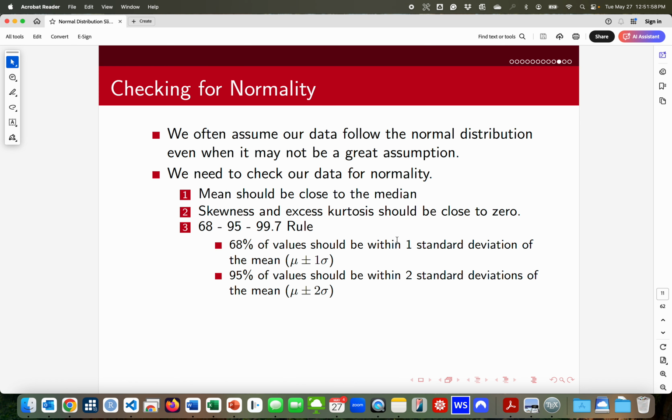The mean plus or minus 2 standard deviations should catch about 95% of the values, and the mean plus or minus 3 standard deviations should catch about 99.7% of values. So if we observe something more than 3 standard deviations away from the mean, that's a pretty rare event. It's unlikely to observe things that are 3 standard deviations above or below the mean.